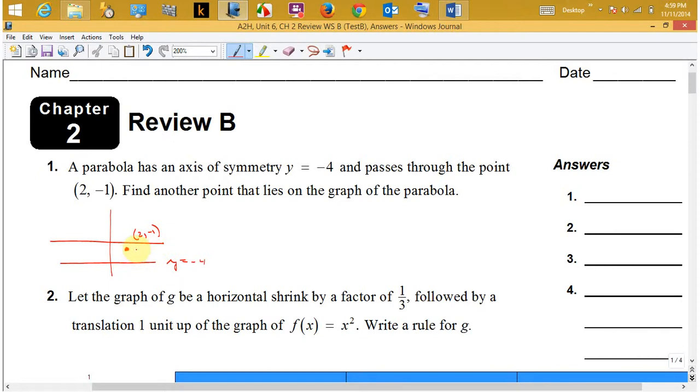This distance right here must be 3. So I'm going to have another point at x = 2, and it would have to be 3 away from the axis of symmetry, so that would be (2, -7). So another point that lies on the graph would be (2, -7).